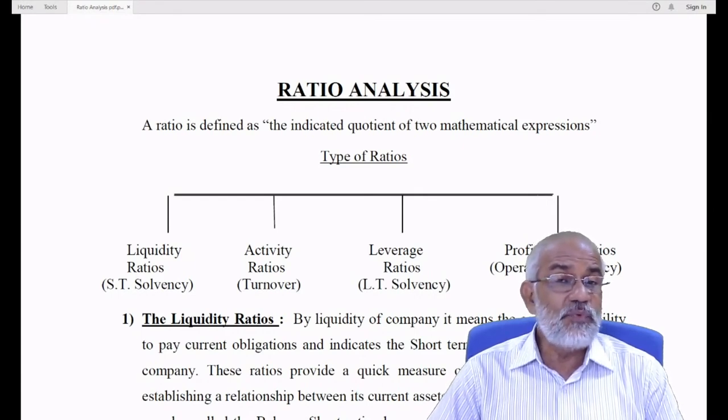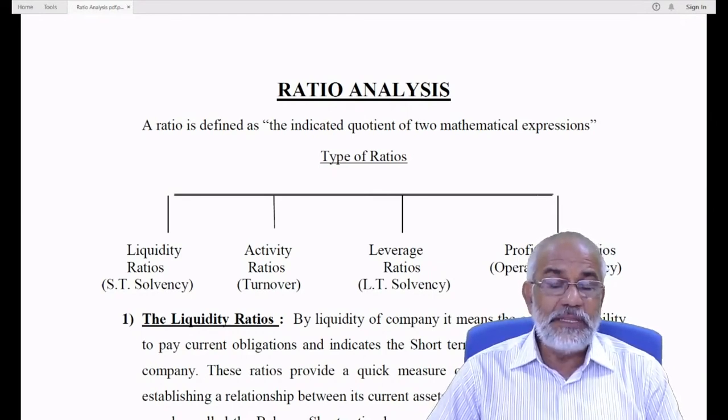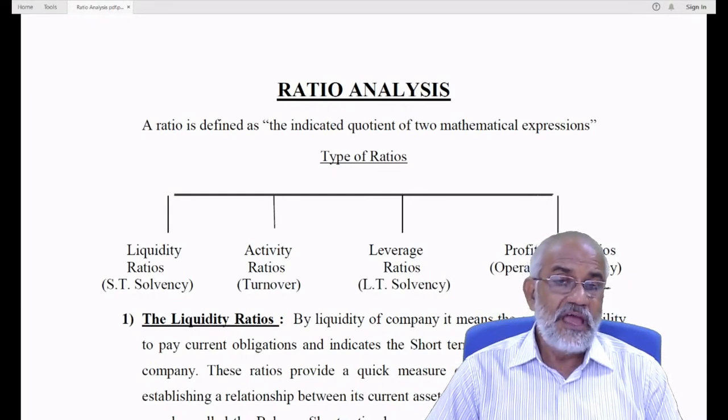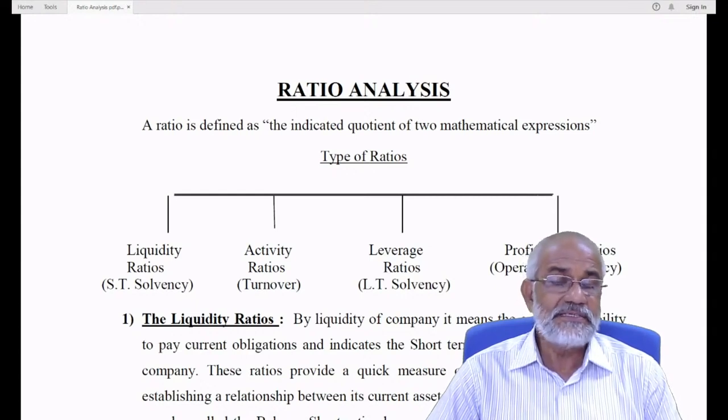And as regards the financing flow of cash, it would be the issue of share capital of the company, the issue of debentures of the company, taking of loans, either short-term loans or term loans from the banks and the financial institutions, and repayment of the loans also comes under the outflow of cash.